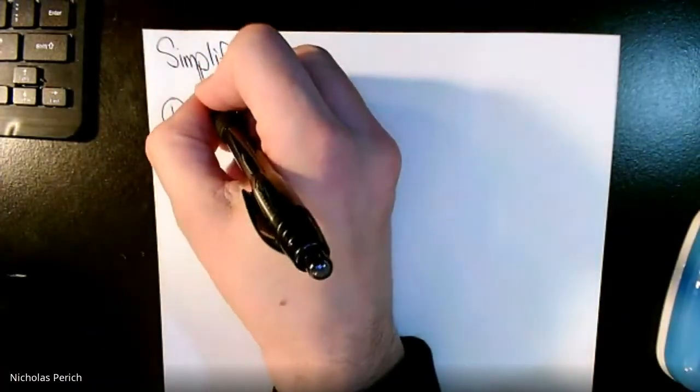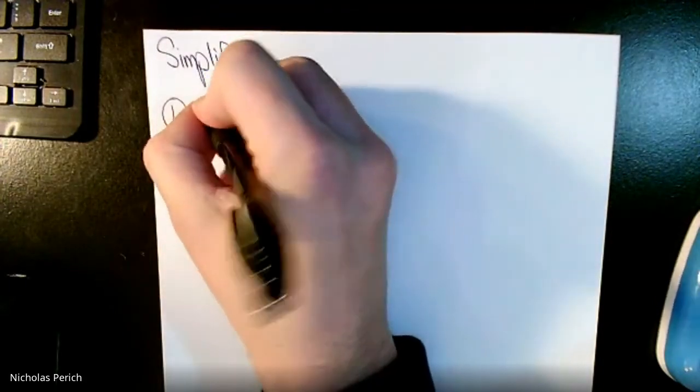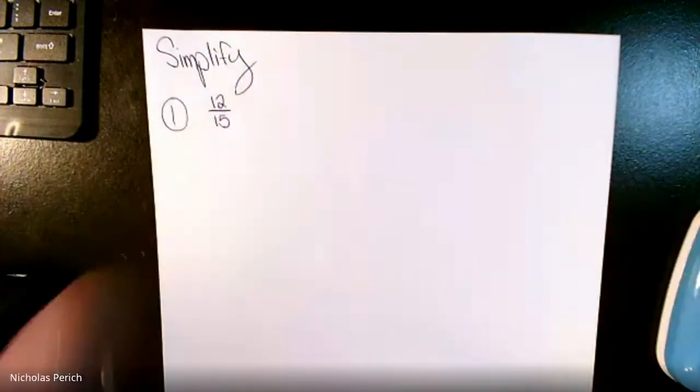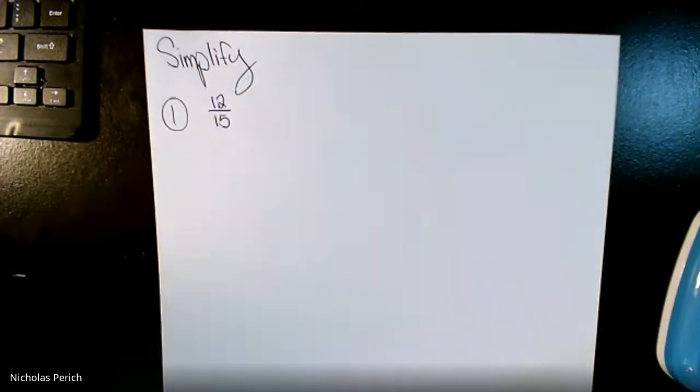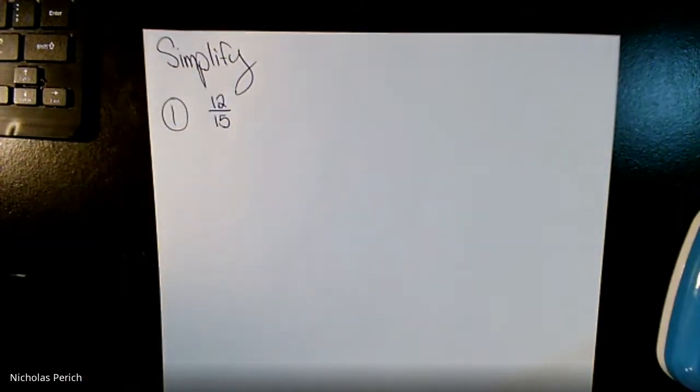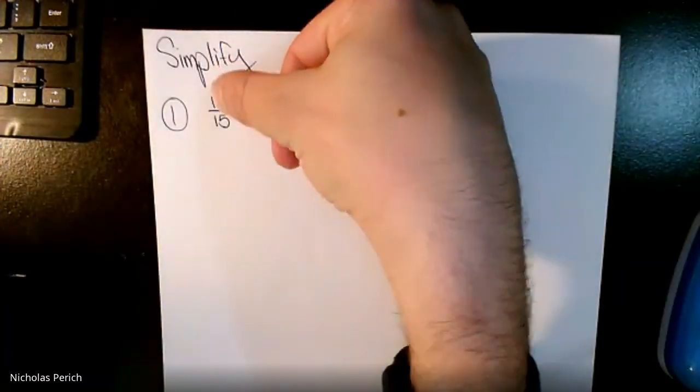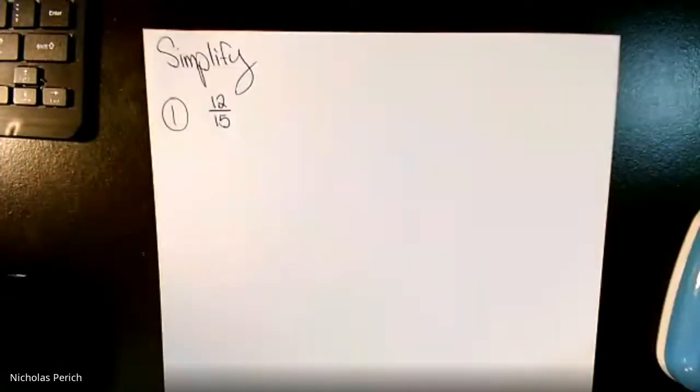I want to simplify 12 over 15. Is 12 over 15 simplified? No. A fraction is only simplified if you can't take one of these numbers and divide any further. If there is a number that you can divide both 12 and 15 by, you can simplify.